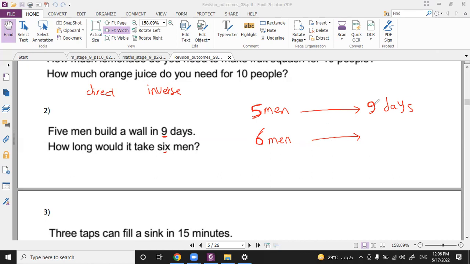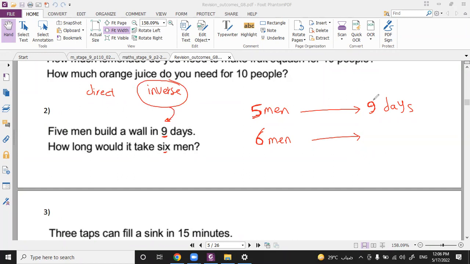What shall we do, Shahd? 5 multiplied by 9 and then divided by 6. 5 times 9, great, divided by 6 equals what? 7.5 days, because it's inverse proportion, not direct.